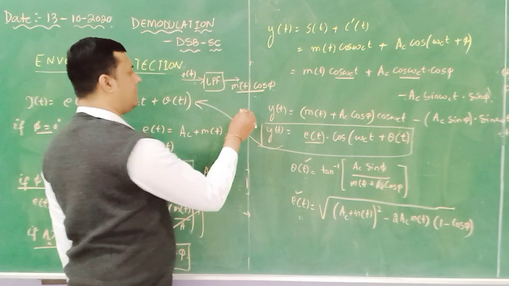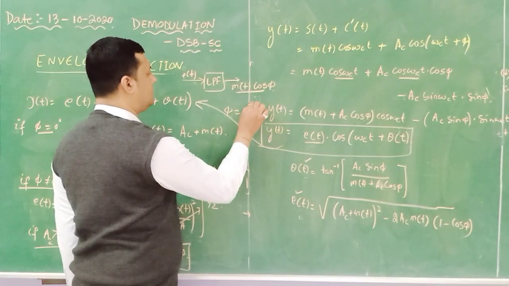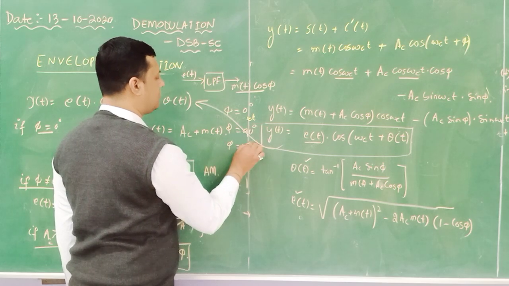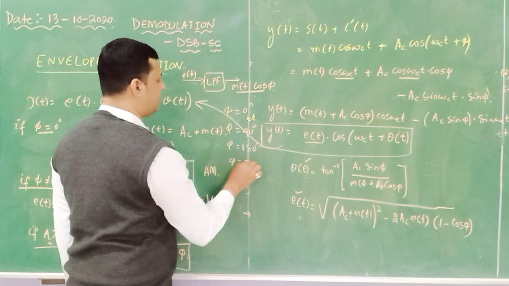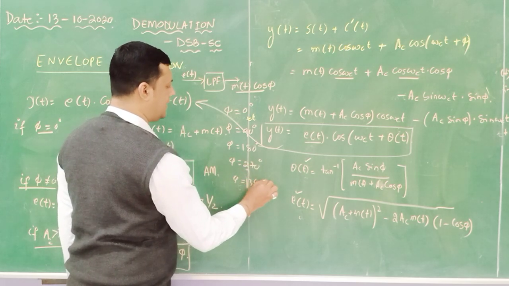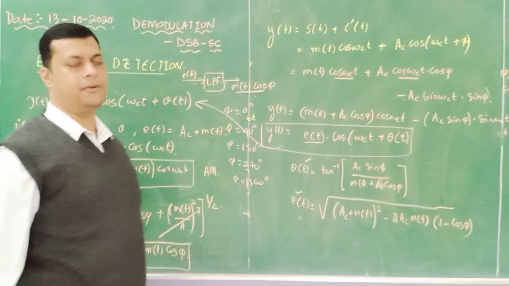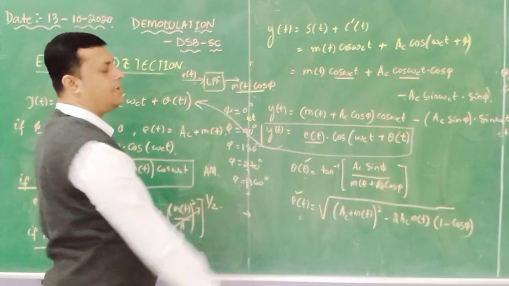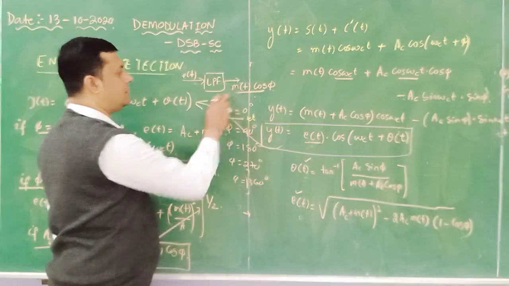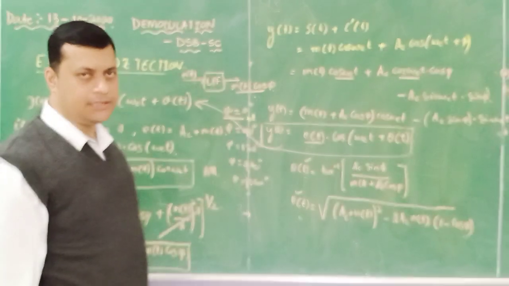Now here you can check for phi equal to 0 degree, 90 degree, 180 degree, 270 degree, and 360 degree. At these particular angles, you can put the value and check whether my modulating signal is available or not. For phi equal to 0, your modulating signal will be in positive polarity.